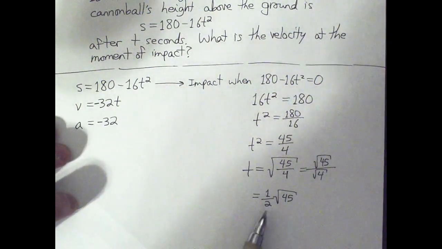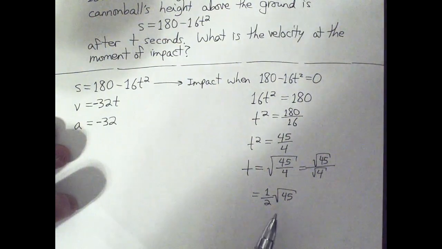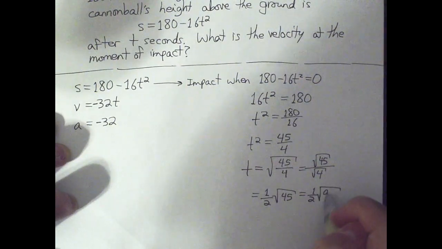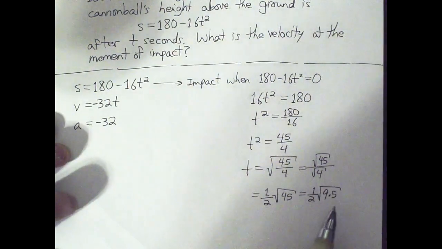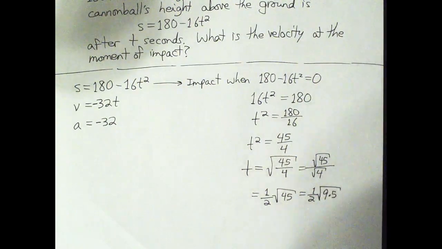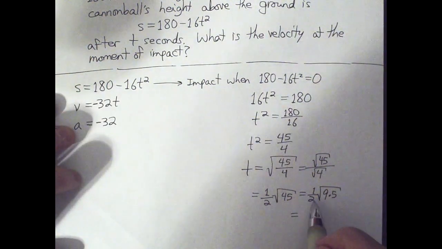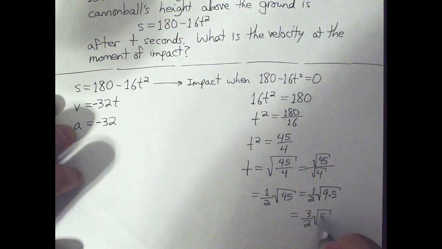And if you remember how to simplify square roots, 45 can be broken up into 9 times 5. The square root of 9 is 3. And that could be 3 over 2 square root of 5.